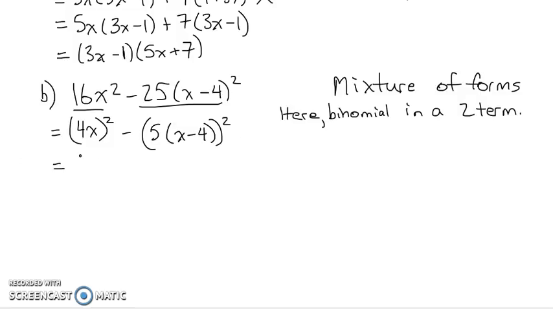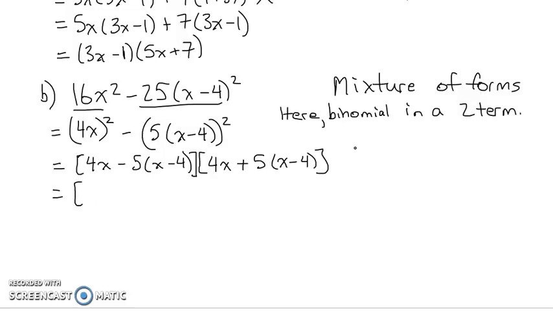And so that would give me, in the first term, 4x minus 5 times (x minus 4). The reason I've written the square brackets is because I have round brackets inside, so it's just easier to tell them apart. But you could write round ones as well, it doesn't really matter. And the second set of brackets is going to be 4x plus 5 times (x minus 4).